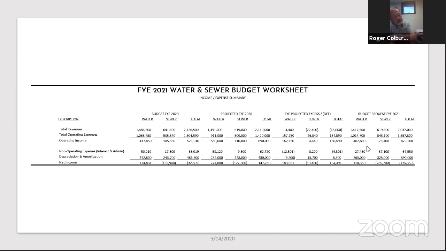Normally on most income statements, to determine your net income from your operating income, you subtract your non-operating expense, which is the table we just talked about, the interest and administrative fees on the debt we have. And then we subtract out our depreciation and amortization. And that's a big thing. You can see that number has increased or continues to increase, and it will, as we continue to add plant more rapidly to the system than we're taking it out.